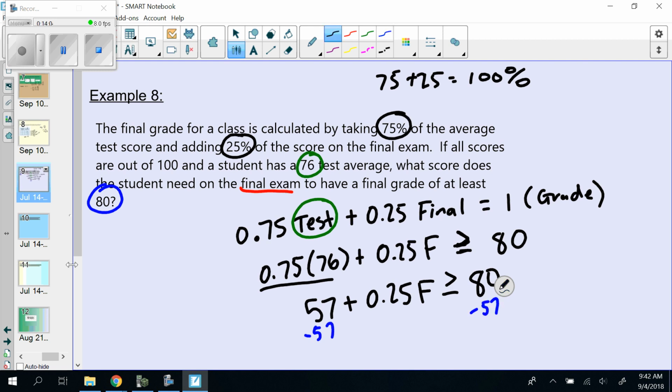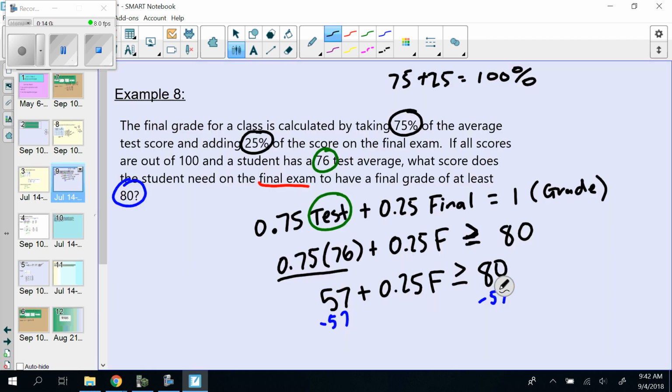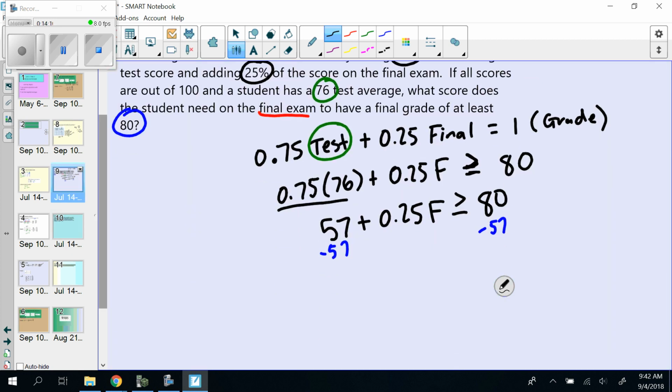Now that's going to give us a more simplified formula here. So now we know that they got to get 23 from their final exam score. Divide that by the 25%, so now divide by 0.25, and we can get it.